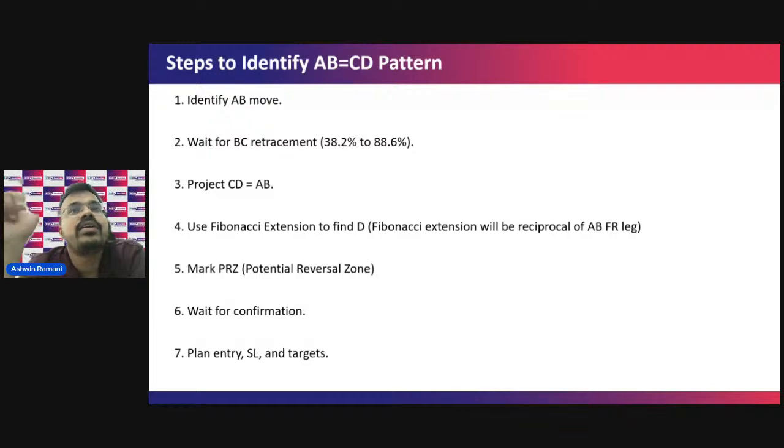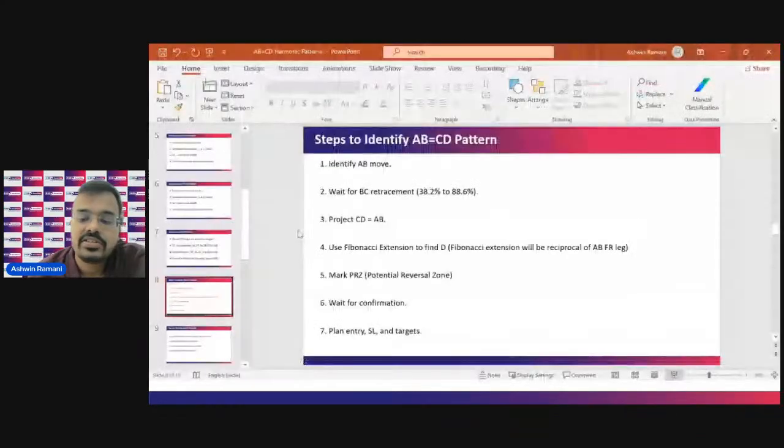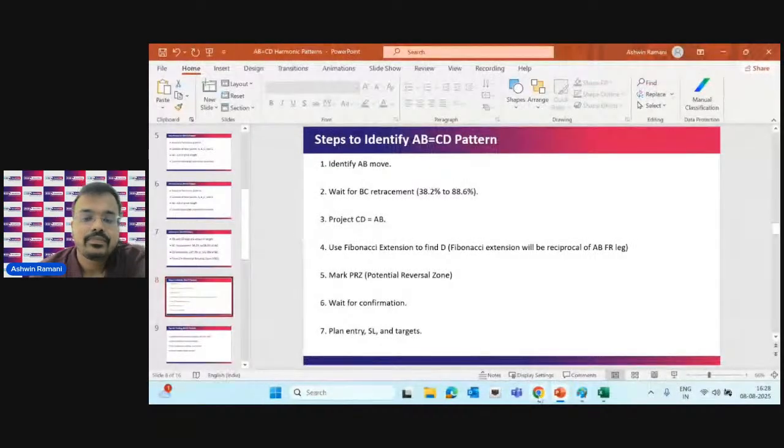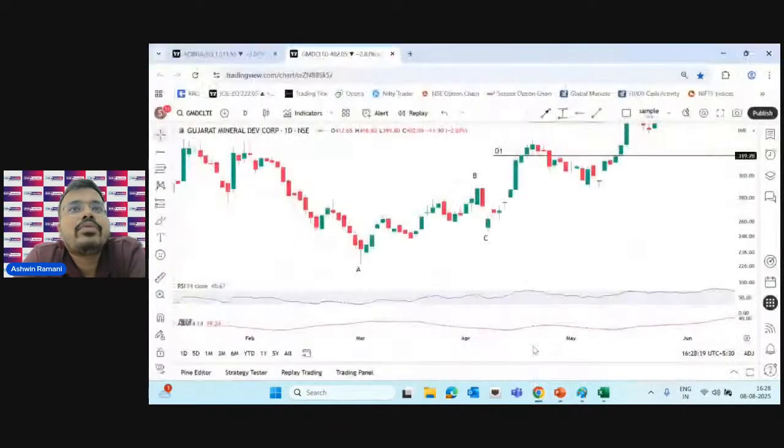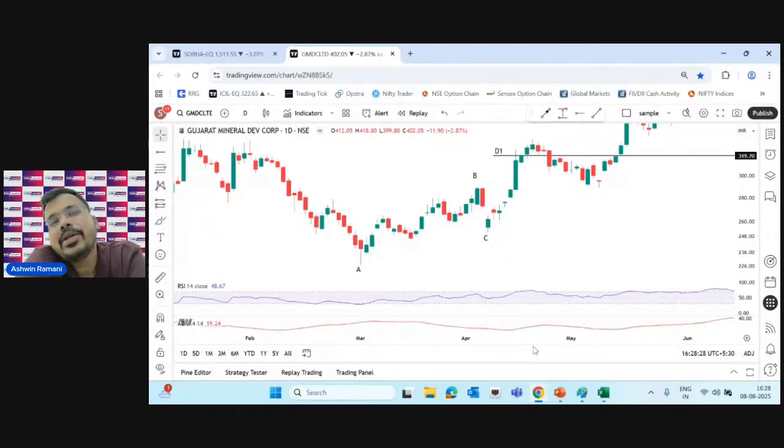Now, before we figure out where is my D2, can you all tell me how do we apply a Fibonacci extension? If you remember, हमने Fibonacci extension देखा था last time. If I want to apply a Fibonacci extension and want to plot 1.618% Fibonacci extension, how do I do that? If you all can let me know in the chat box. Because Fibonacci retracement is easy.